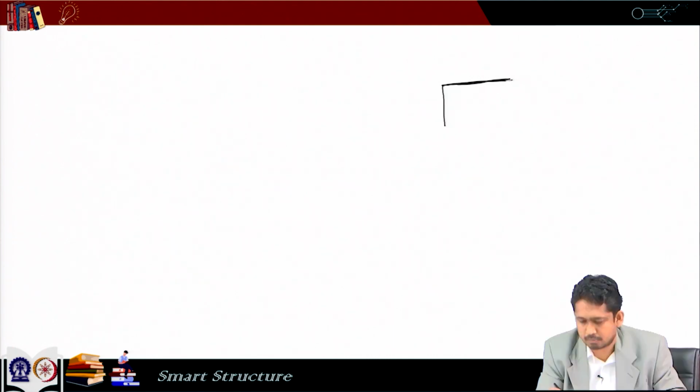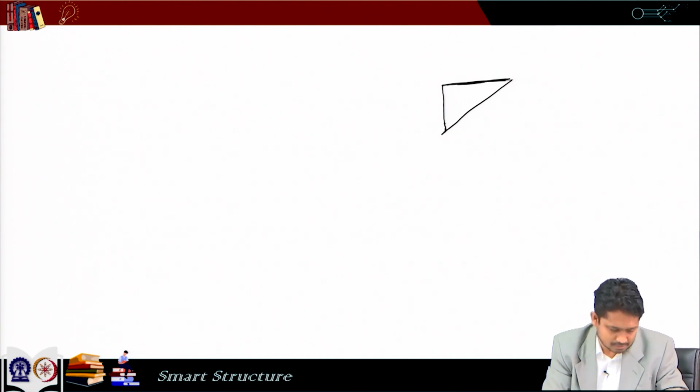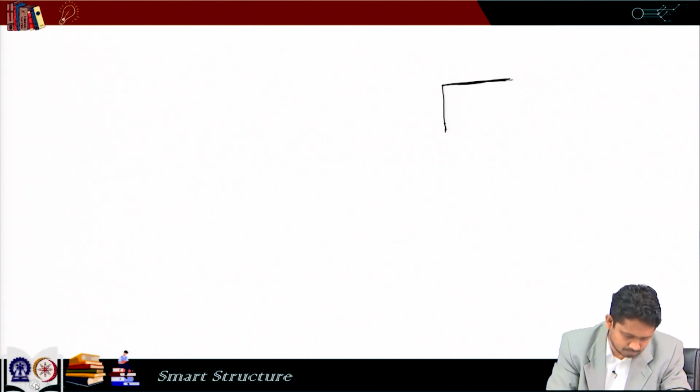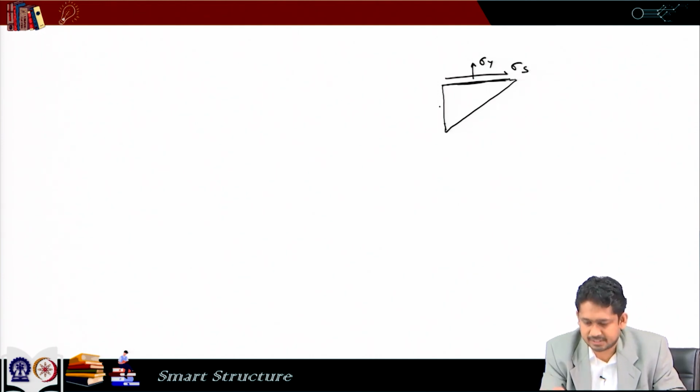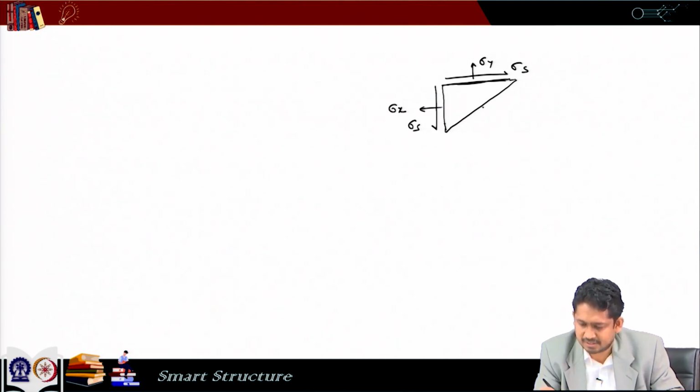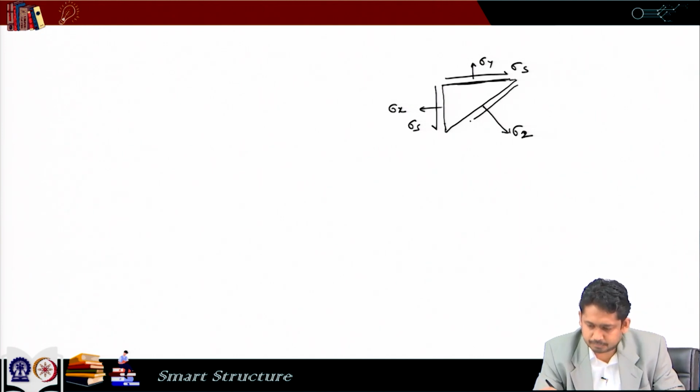So, for that part, if we draw that separately, this gives us sigma y, and we have sigma s in this direction, we have sigma x, sigma s in this direction, and perpendicular to this we have sigma 2, and then we have sigma 6, and this angle is theta.